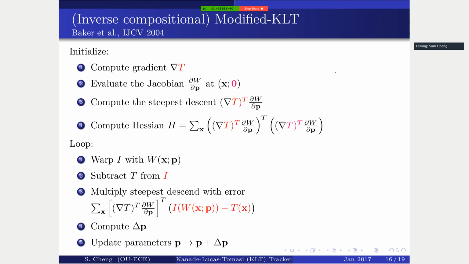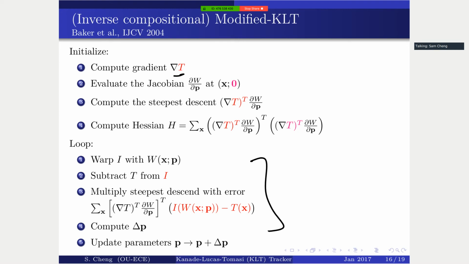So now, if we move the stuff that is only done once, we can separate the algorithm into an initialization step and also a loop. In initialization, we compute the gradient of the template, and so on and so forth. Basically we pull many things out of the loop.